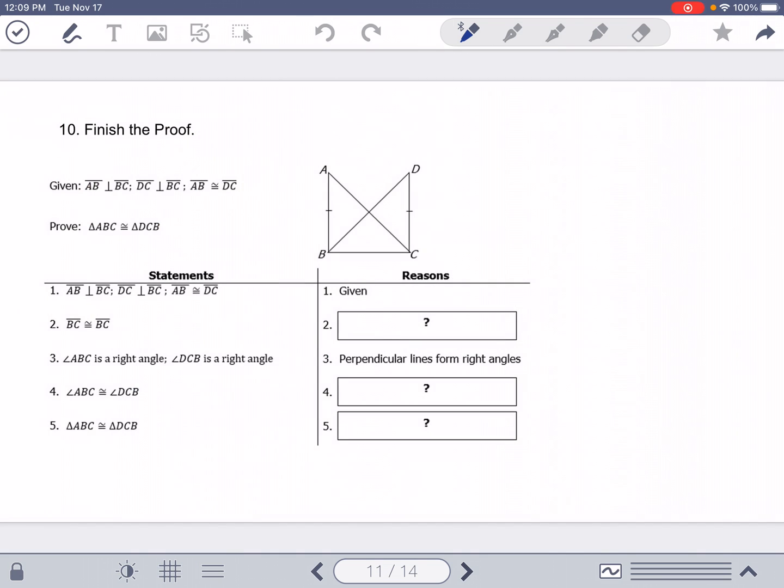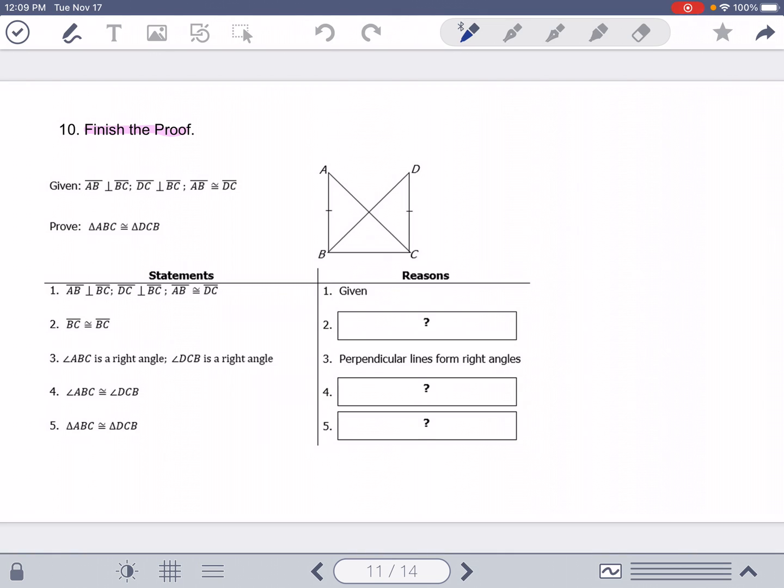10. Finish the proof. All right, so you guys, this looks like one of those matching problems that you had to do on that Google worksheet, that Google slide. So I've got some given information, and then I want to prove something.